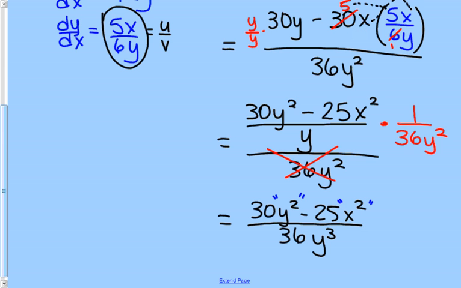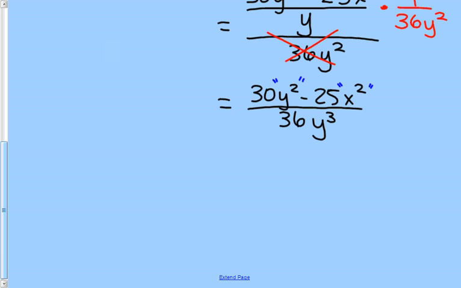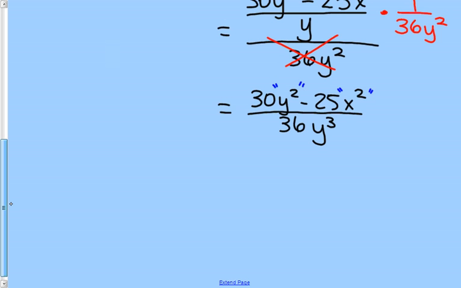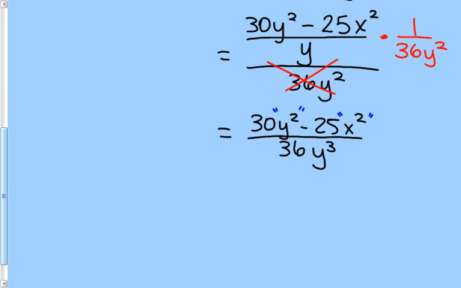Well, 30 and 25, can I make those look like 6 and 5? And hopefully your brain is like, oh yes, because 30 divided by 6 is 5, and 25 divided by 5 is 5. So, this is what I'm talking about. 30 and 25, they have a common factor. It is the number 5. So let me pull out that 5. I end up with 6y squared minus 5x squared. And then the bottom just stays how it is for right now.